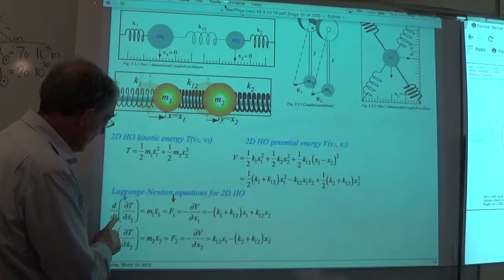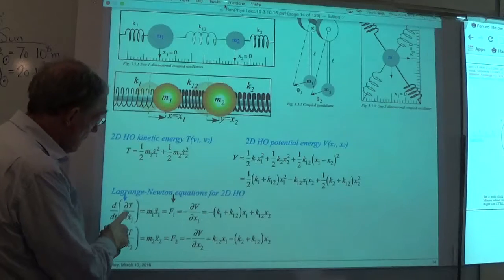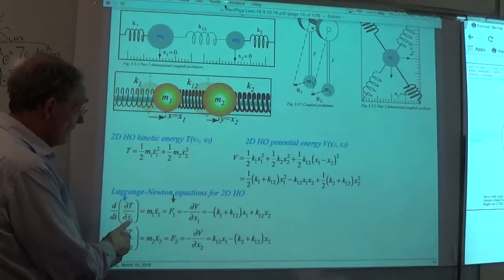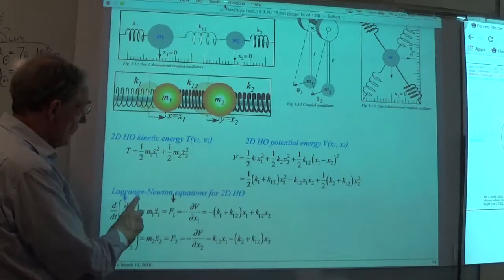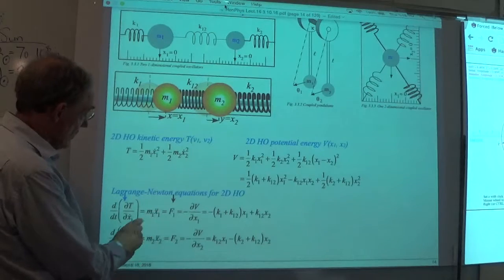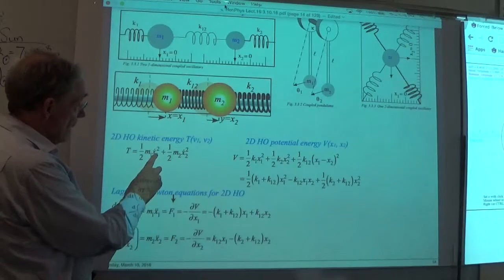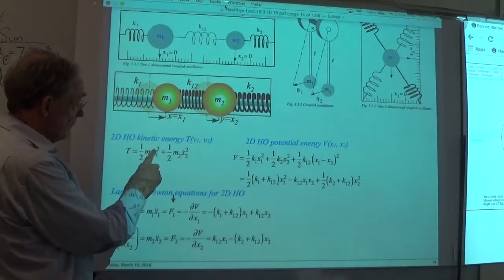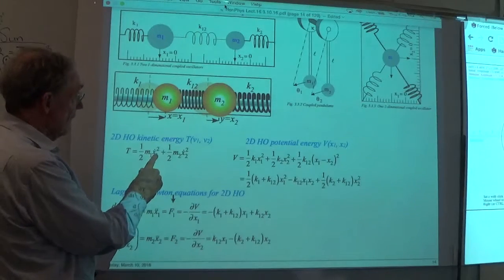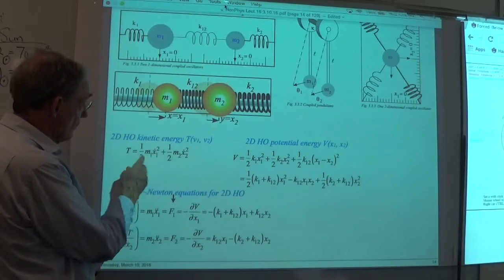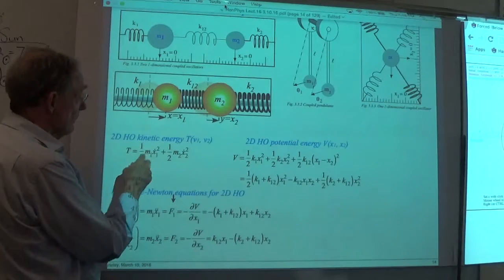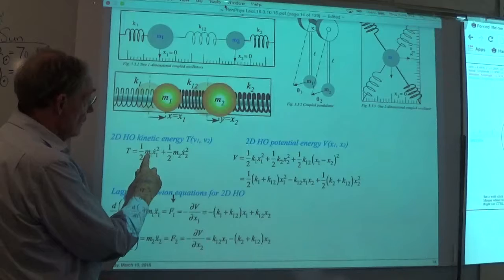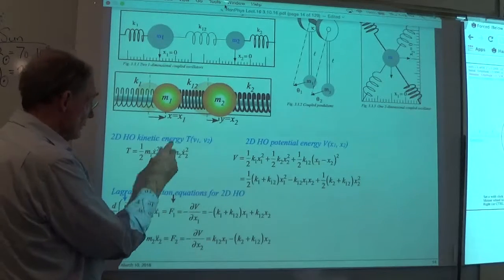You can see that if I take the partial derivative of T with respect to x1 dot, this is velocity here, that's what that x1 dot means, and this is acceleration. But if I do that, I'm going to be taking a partial derivative of this x dot squared right there, and that's going to give me a 2 x dot, which gets rid of the 1/2, and it gives me also an x dot.